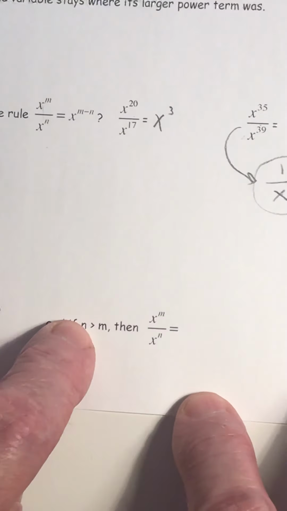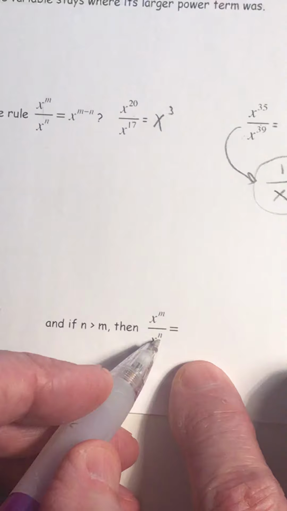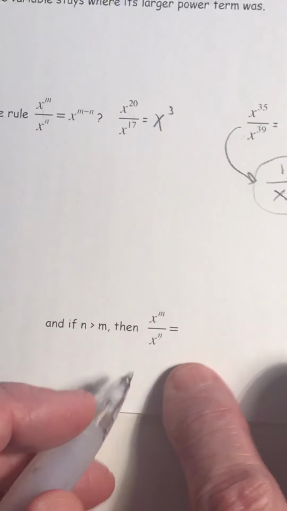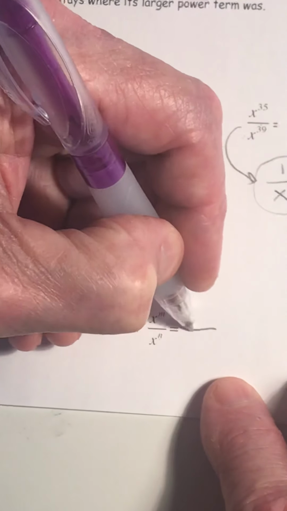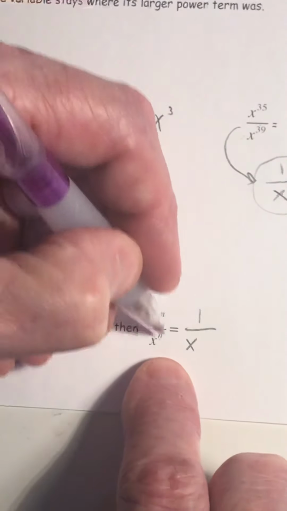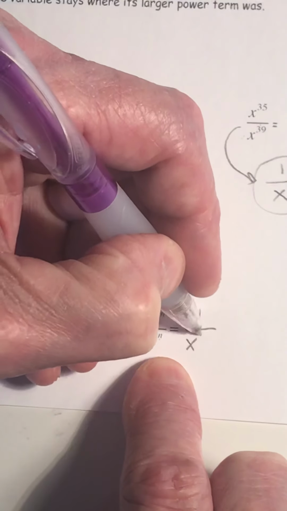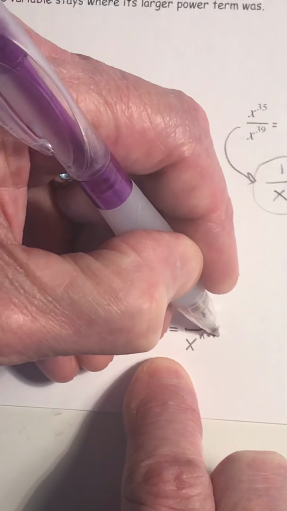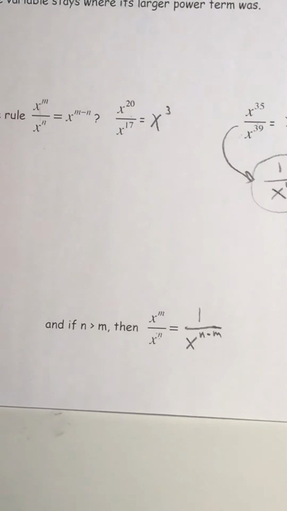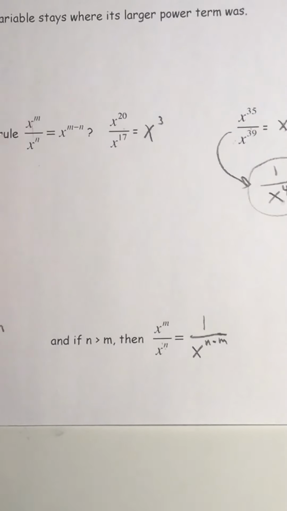And if n is greater than m, if this exponent is the larger number, then we get the answer 1 over x to the this number minus that number. So it's all a matter of which exponent was larger to begin with. So that's the end of page 1.